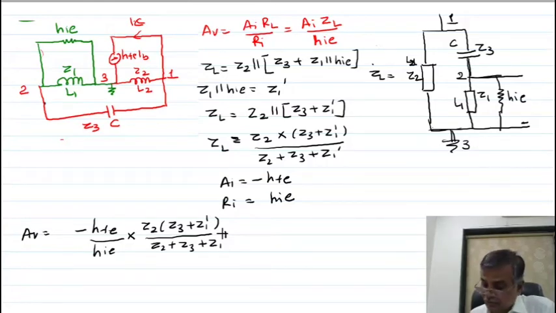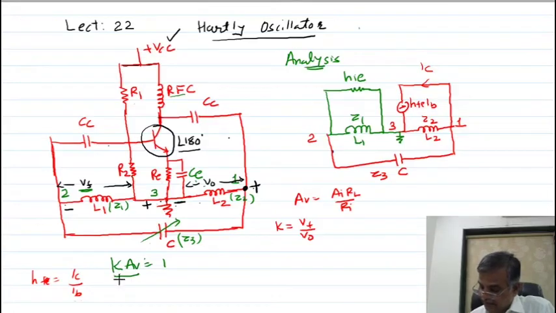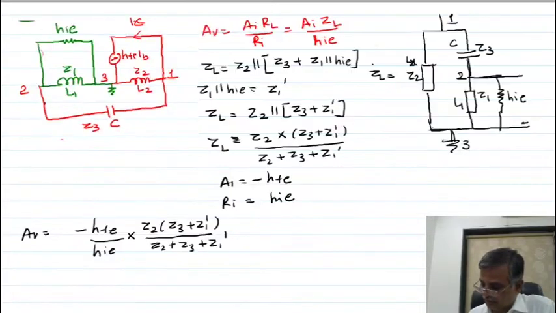In the analysis, what I have to do here is find KV equal to 1. Then I will write 1. And to make this loop gain real, the imaginary part I have to take 0. That is what I am doing.